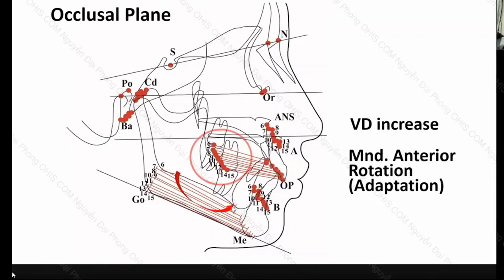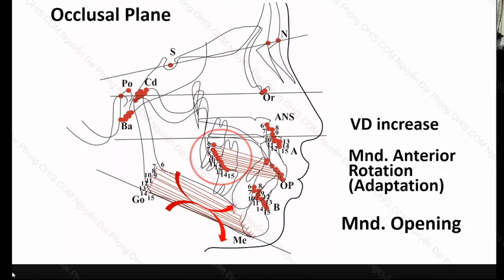But sometimes it depends on how much the vertical dimension increases. If the mandible cannot adapt correctly, then the mandible opens a little bit and creates an anterior open bite. Very simple. Therefore, in the treatment, simply we can change the occlusal plane, then close the anterior bite.